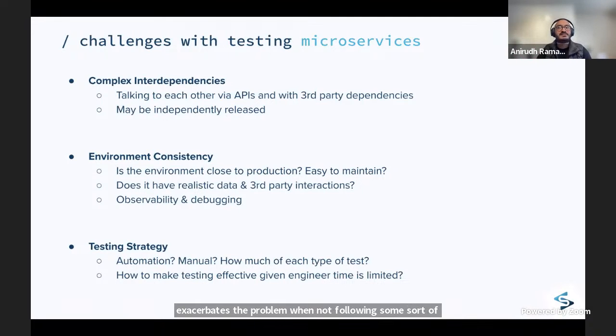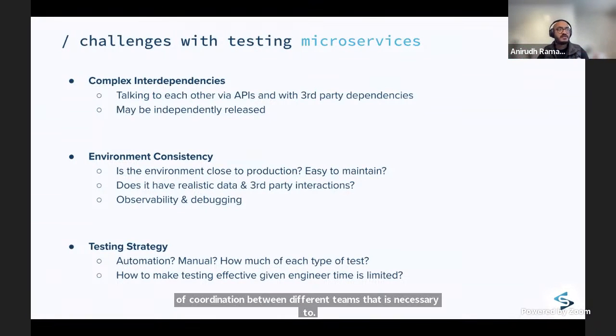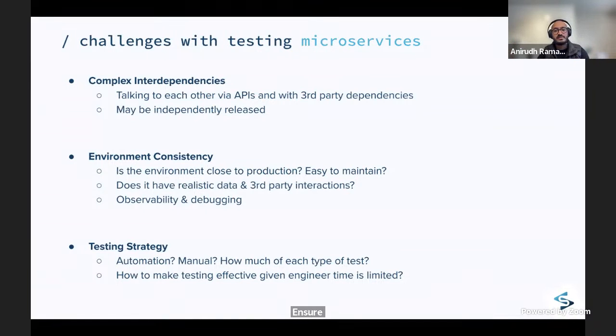But even with that, in my experience, I've seen a lot of challenges around bringing those pieces together to test behaviors, because each of these pieces is being independently released, and there's still a lot of coordination between different teams that is necessary to ensure, even internally, that we're not breaking something, that everything is backwards compatible and so on. So it needs a high degree of engineering discipline, even with the right architecture.